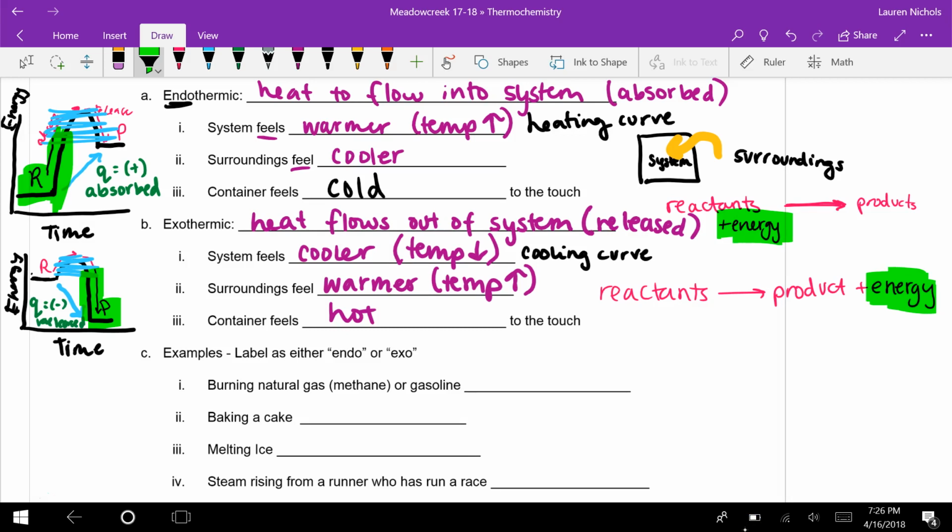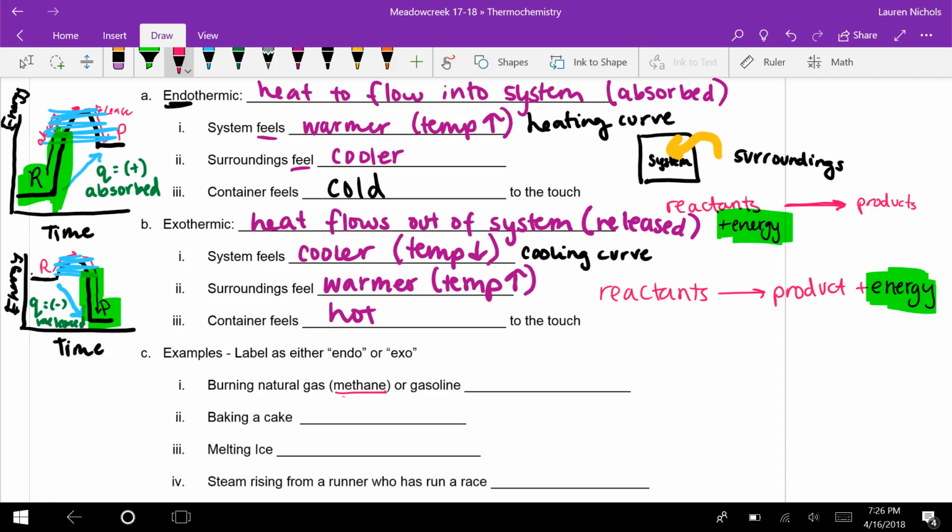And let's look at some examples of situations where we might be asked to label them as being endo or exothermic. So if we look at burning natural gas, which is methane, that's what we use for our Bunsen burners, or gasoline, so things in your car, if you've ever seen gasoline light on fire, is it endo or exo?